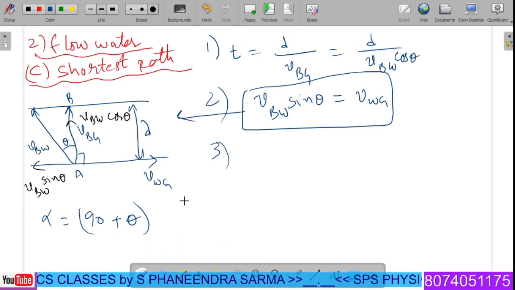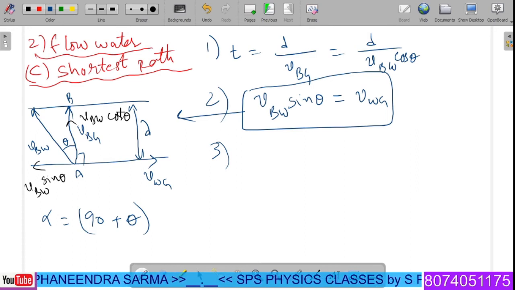So sometimes the velocity of the river may suddenly increase or decrease. In such a case, the horizontal component is going to be imbalanced. As a result, instead of reaching the point B, he may reach a forward point or backward point to that of B. Then, how can we find out the time of journey? And how can we find out the remaining cases?